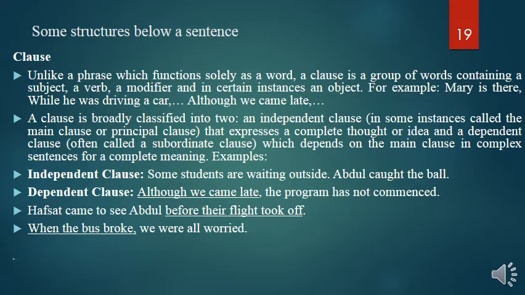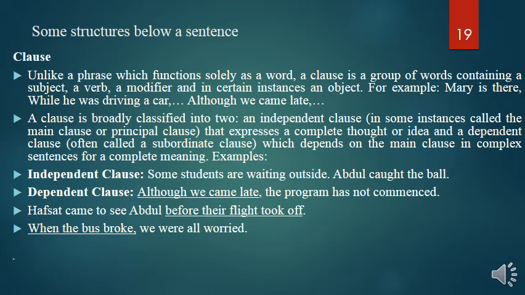That is, an independent clause is also called a main clause, while a dependent clause is sometimes called a subordinate clause. The major difference between the two is that an independent clause stands on its own, that is, it gives a complete meaning, while a dependent clause does not give a meaning unless it is attached to the independent clause.